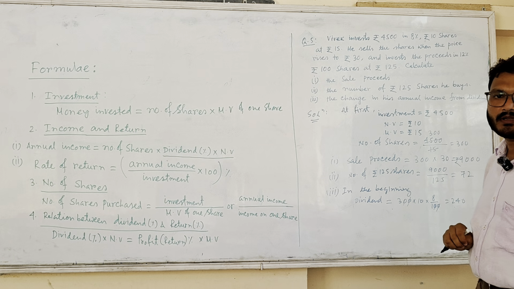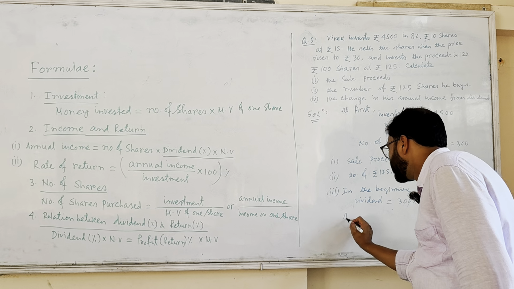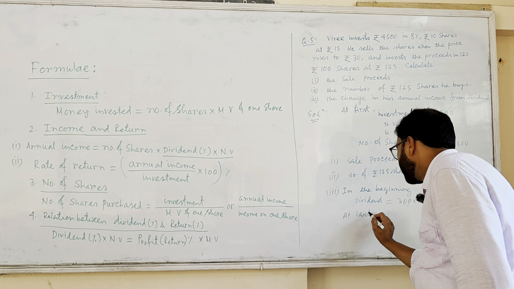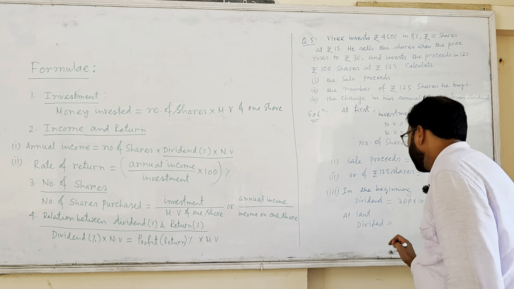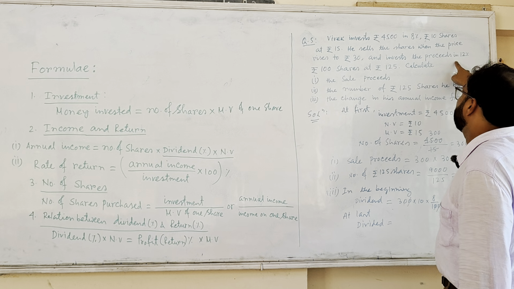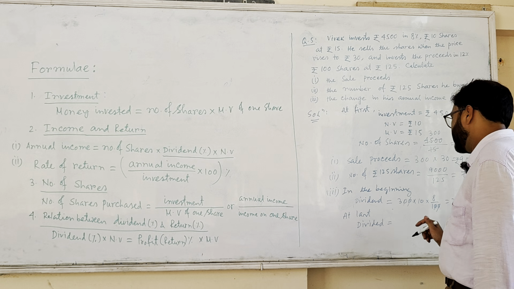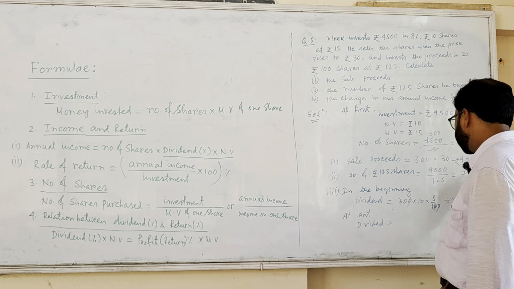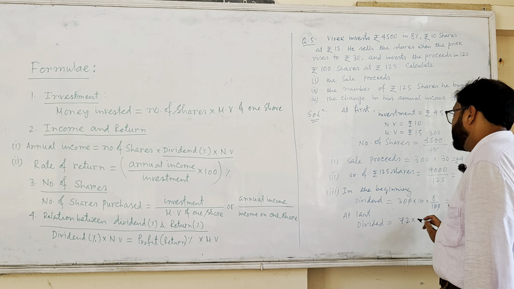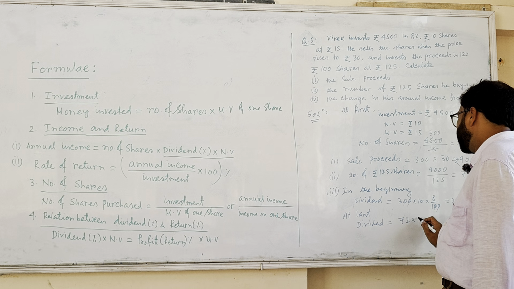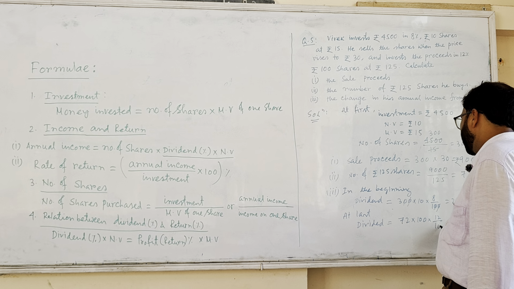So 240 rupees. That was in the beginning. And at last, dividend in the second case: dividend percentage is 12%, nominal value is 100 and 72 shares. This time he bought 72 shares, so 72 into 100 into 12 by 100.